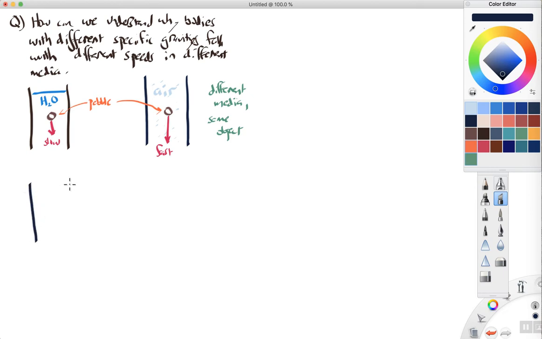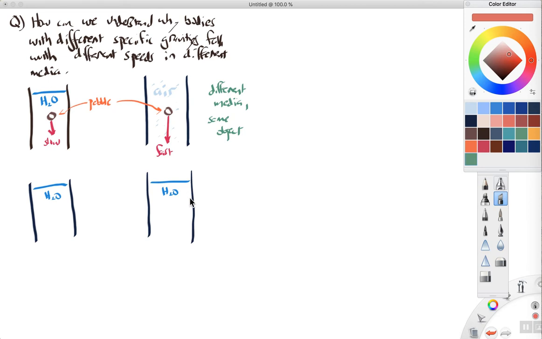Again, we might think of a column right here. I'm just going to go ahead and draw the column over here. And now we consider a different case where we have the same surrounding medium, H2O, but in this case we drop two different objects.